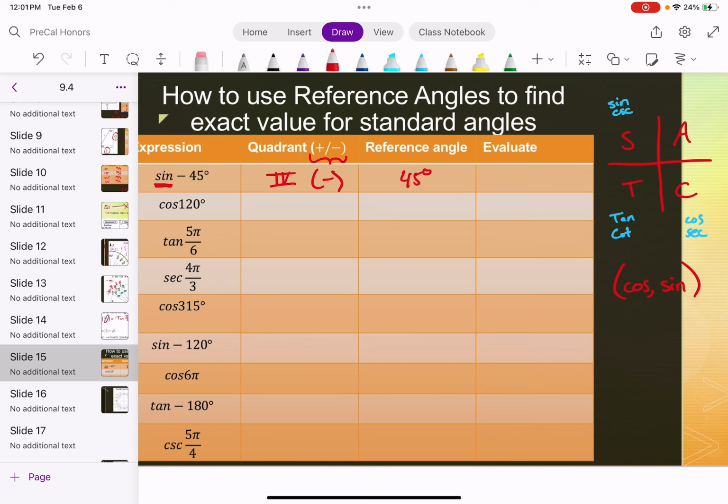Now, in the case of negative 45 degrees, we would take a look at what specific point it would have.